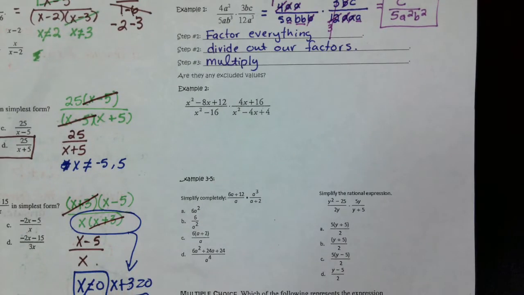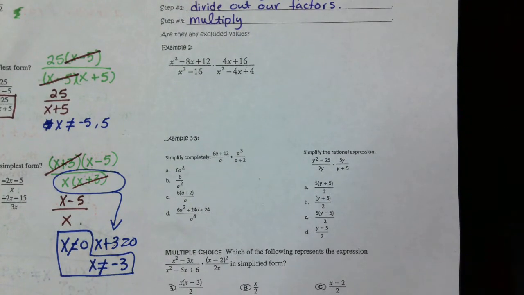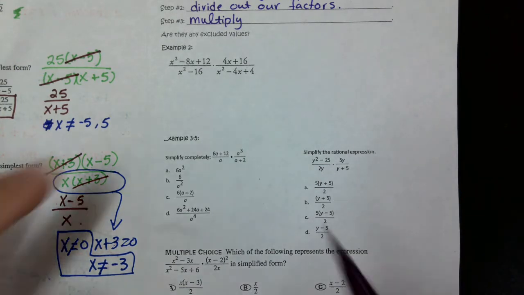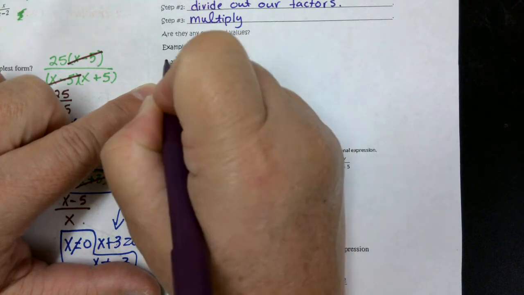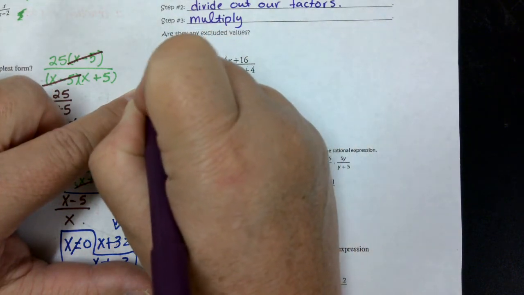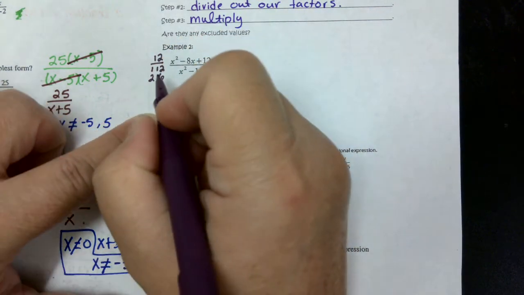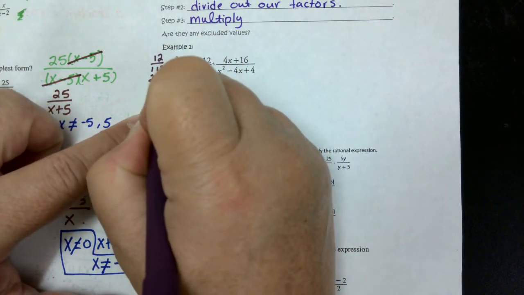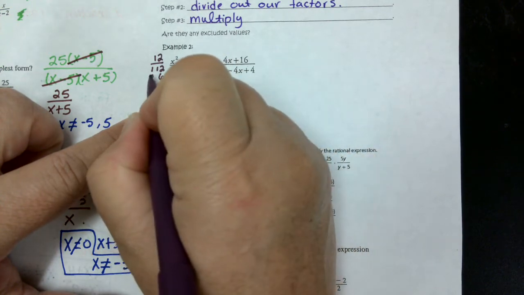So then, if I look at example 2, this is more like our examples that we were working on yesterday. So to factor the numerator here, 1 times 12 is 12. My factors of 12 are 1 and 12, 2 and 6, 3 and 4. I want a negative 8 when I add them together.